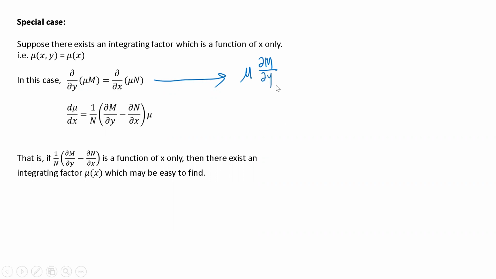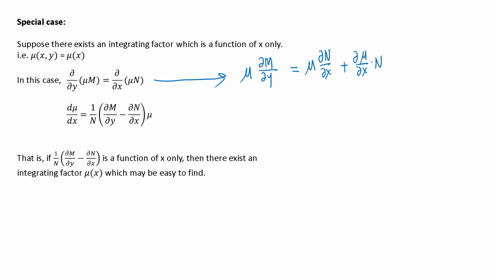And then the right hand side: we apply the chain rule, so what we have is mu times partial N partial x plus partial mu partial x times N.